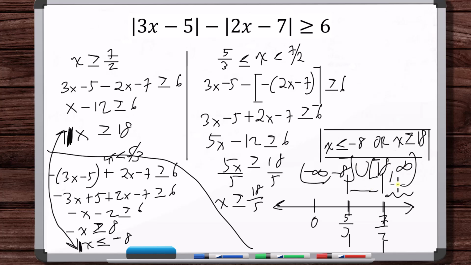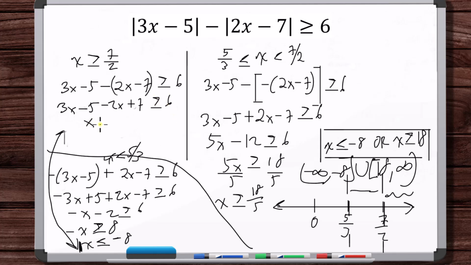Okay, and I made a mistake here. When I remove the absolute value, I need to put that in parentheses and distribute this minus here. So 3x minus 5 minus 2x plus 7.